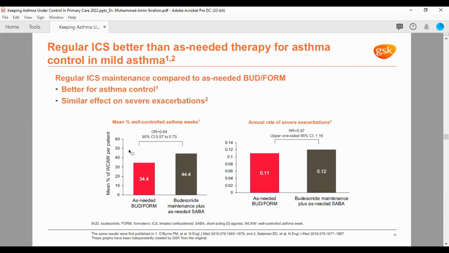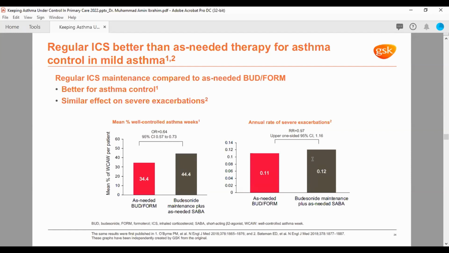So when you look at the symptom outcome, defined as weeks without any symptom, this number is the odds ratio. By giving budesonide on a regular basis compared to the budesonide formoterol combination PRN, we have more weeks without any symptom. The odds ratio is less than 1, so it's significant.